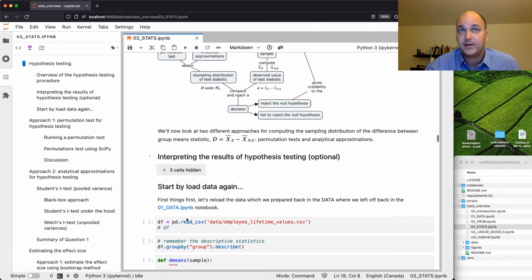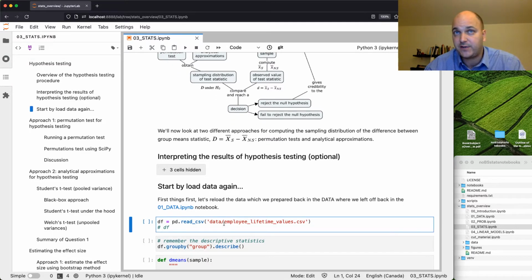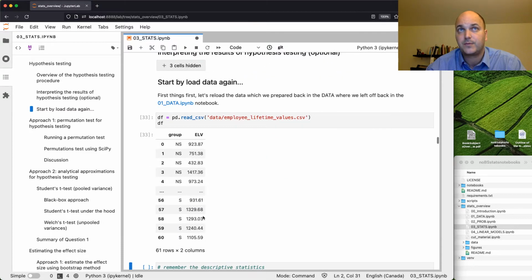Remember the employee lifetime value, which we prepared in the data chapter? Well, let's reload it again. We've got it right here. If you recall, there were 31 rows of employee lifetime values for employees who took no statistics. They're the control group.